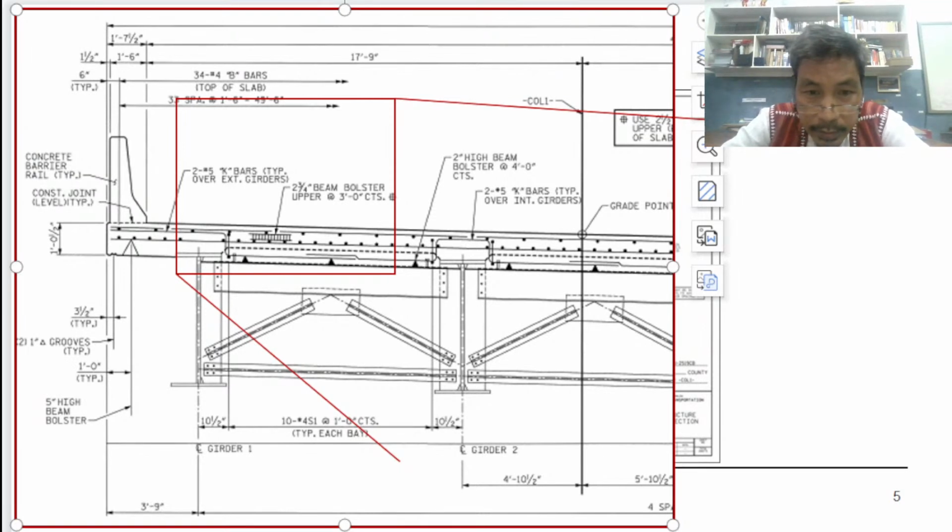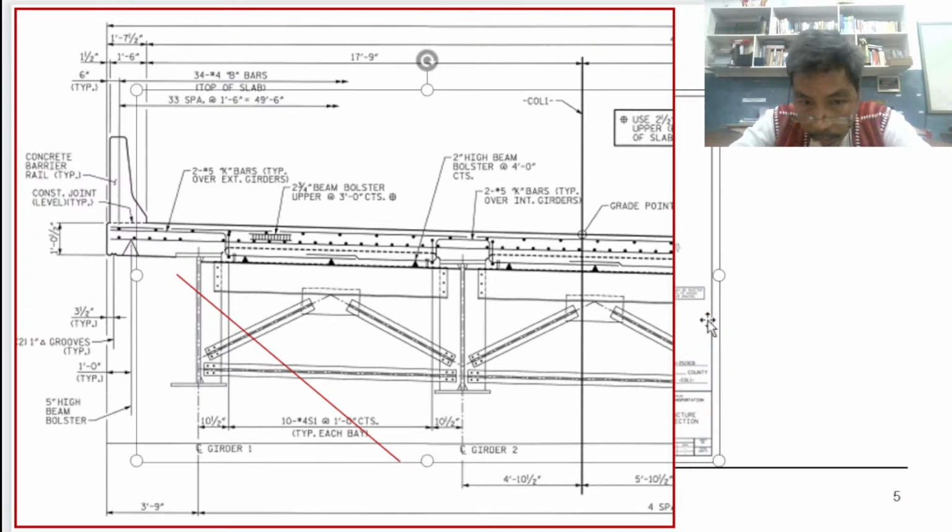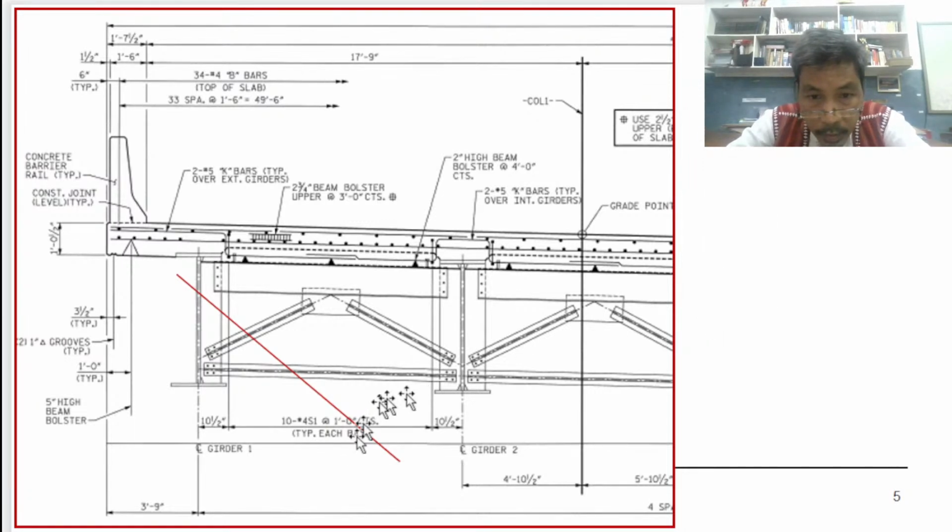You'll notice we can read the text right now. Can anyone confirm? Can you read the writings on the drawing? Please confirm. At the same time, confirm the sound.